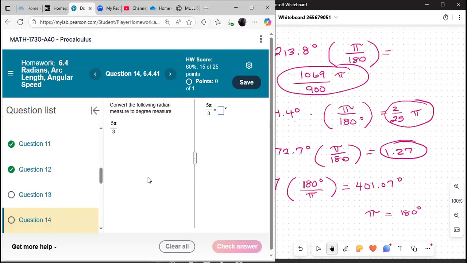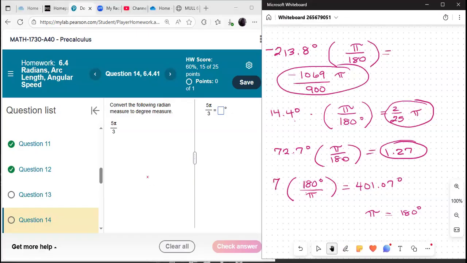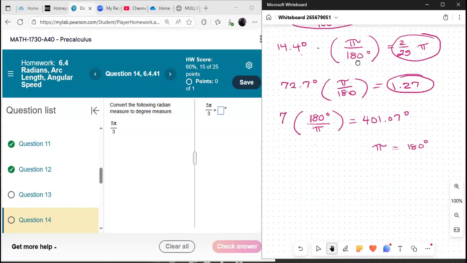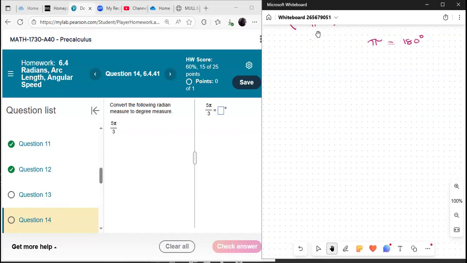In this one, it says convert the following radian measure to degree measure. So number 14, we have 5 pi over 3. Going to multiply by 180 over pi.